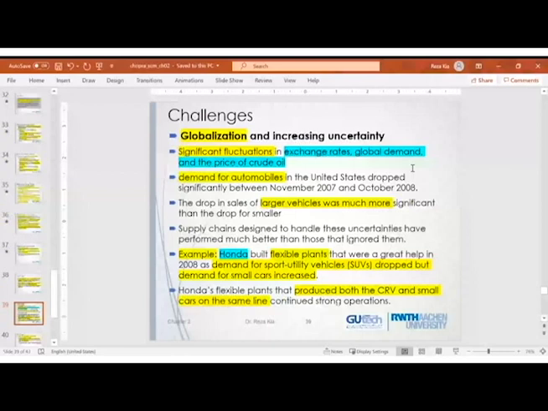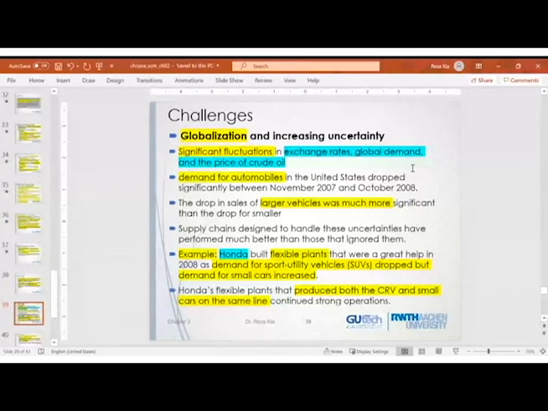A successful example at that time was the Honda company, because they have flexible plants, which give them the flexibility to produce ordinary cars, small cars, and some SUVs, which are sport utility vehicles produced by Honda.